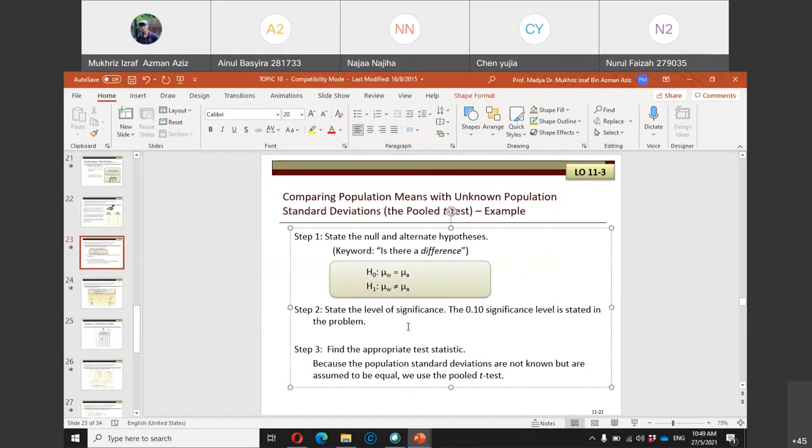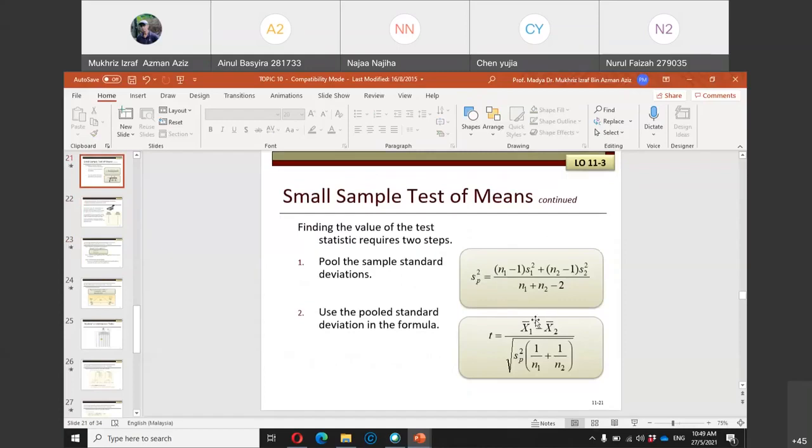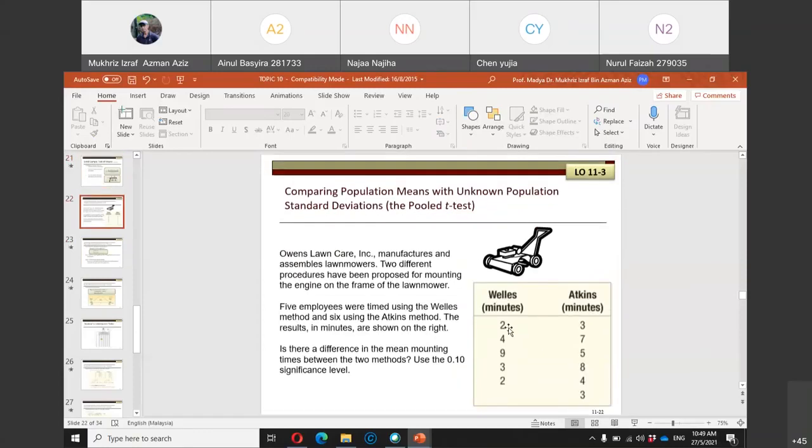But if another student puts it the other way around, mu A not equal to mu W, then in the calculation, X bar 1 will be Atkins minus Wallis, because you define Atkins first. So you must be consistent in how you write down your answer later on.